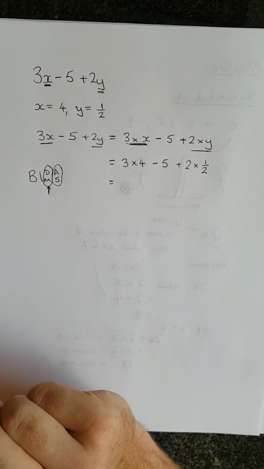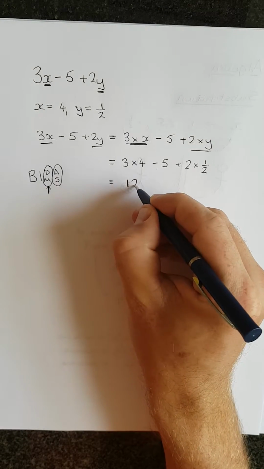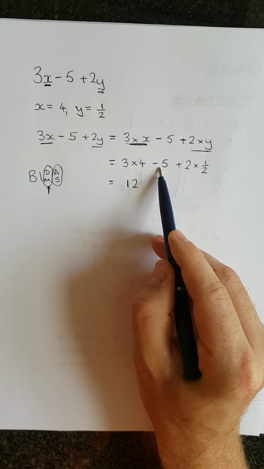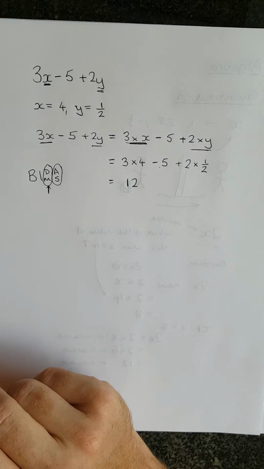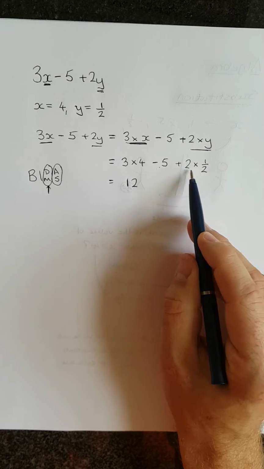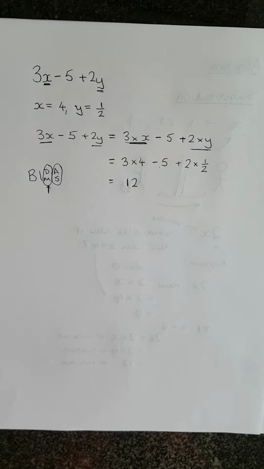3 times 4 is 12. Now this is not division or multiplication, so I'm going to leave it. I'm going to do this first. 2 times a half. Now some of you will be panicking thinking, I can't remember how to times fractions.